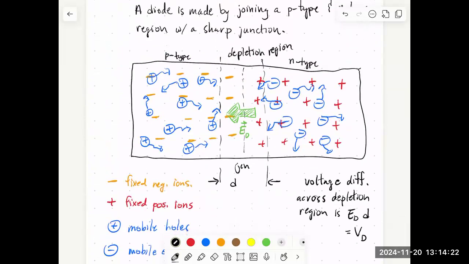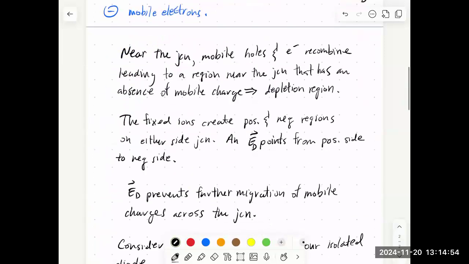Now, if we really had an isolated device like this in equilibrium, what would be the net current in our system? Zero, right? We're not going to have an indefinite flow of charge one way or the other. If that was the case, we would have a bunch of charge piling up in one part of our diode, and then there'd be a strong Coulomb repulsion and push it back the other way. So in equilibrium with this isolated device, we would expect zero net current.